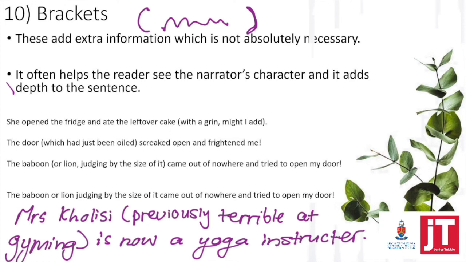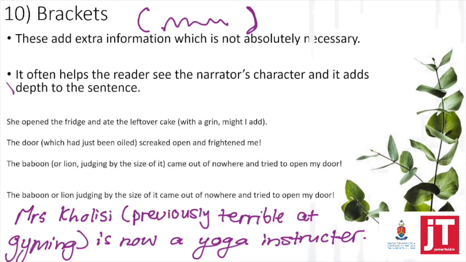It's often some kind of quirky detail that we couldn't quite justify adding into the main sentence. But those details really do help us to paint a mental picture as you are writing. It often helps the reader to see the narrator's character, and it adds depth to the sentence.